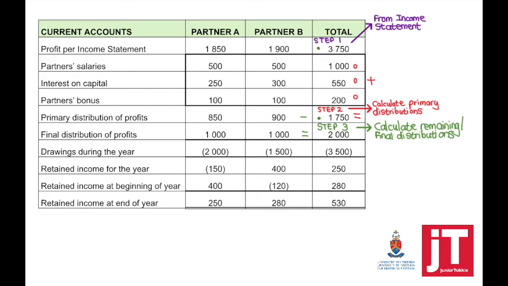This will always be the net profit, which we've calculated in our income statement, minus the primary distributions of profits. And now the final distributions of profits will be shared according to a specific ratio.